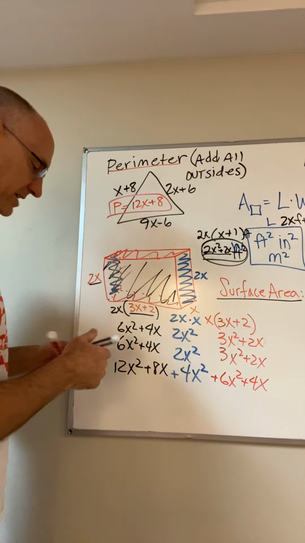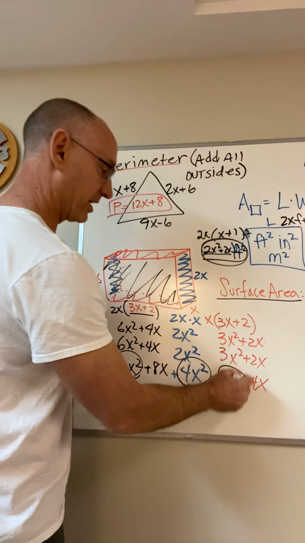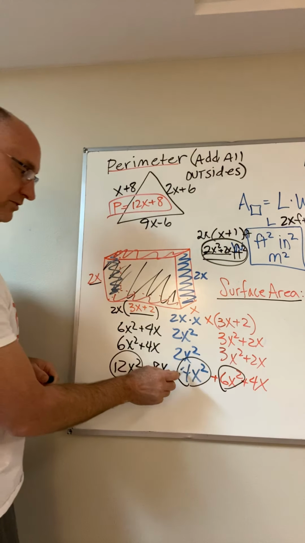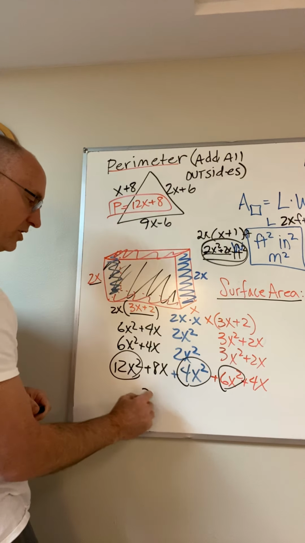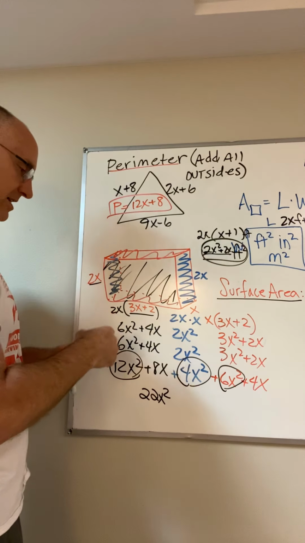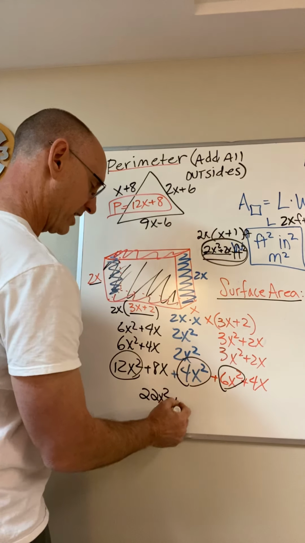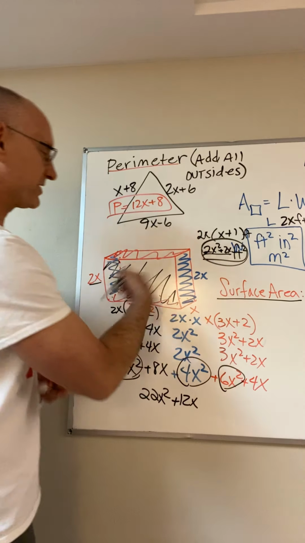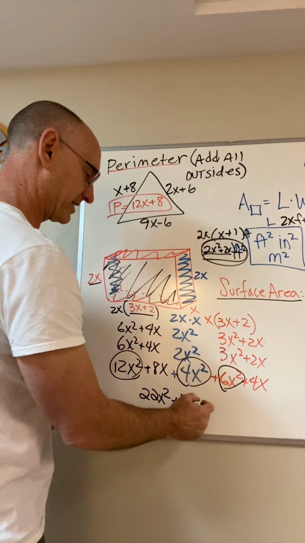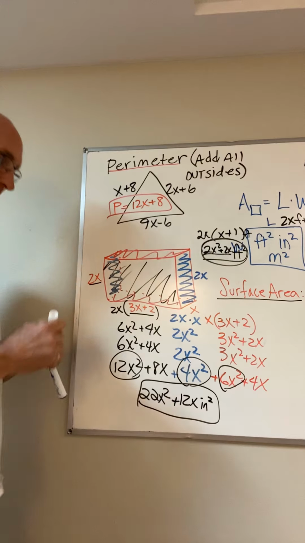I put together my x squareds: 12 plus 4 is 16 plus 6 is 22x squared. And 8x plus 4x is plus 12x. If this says inches, it's inches squared, because it is area, so it's going to be squared.